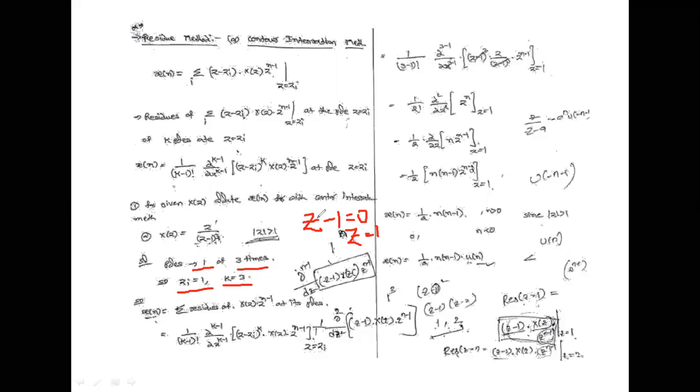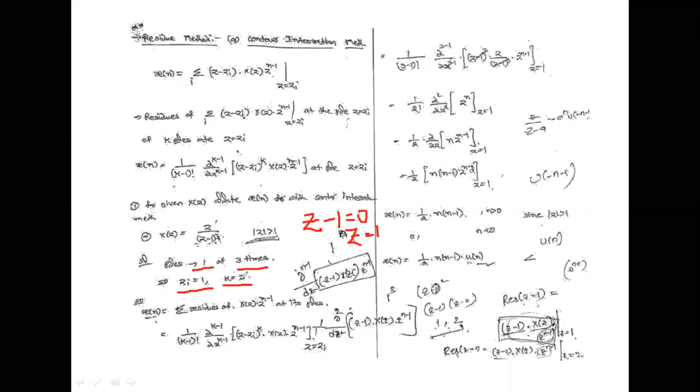To get x of n using the residue method, you have to use the formula 1 by (k minus 1) factorial, where k is the order, d power k minus 1 by dz power k minus 1 of (z minus zi) whole power k, x of z, z power n minus 1, where z is equal to zi.